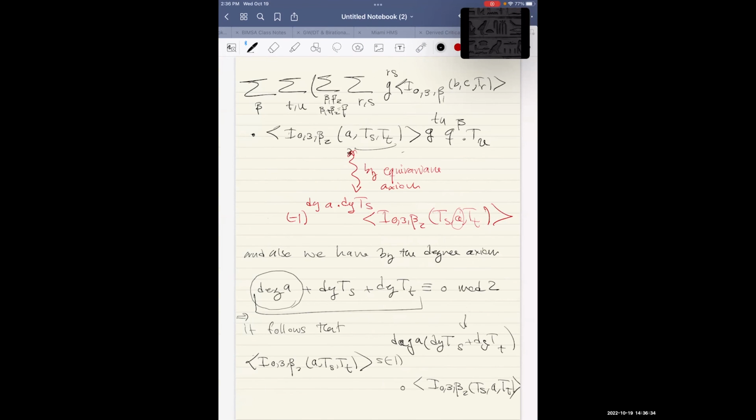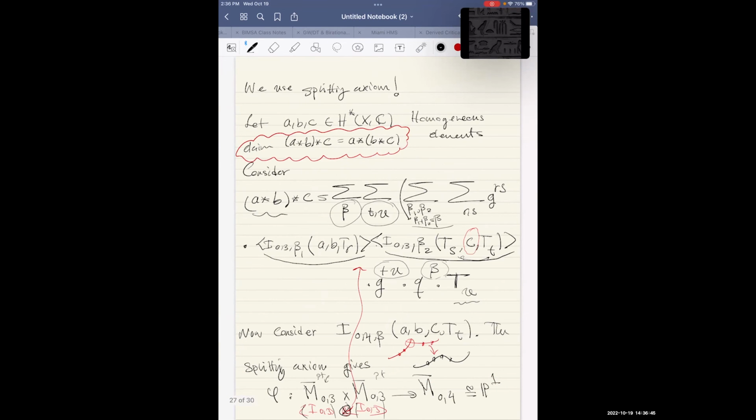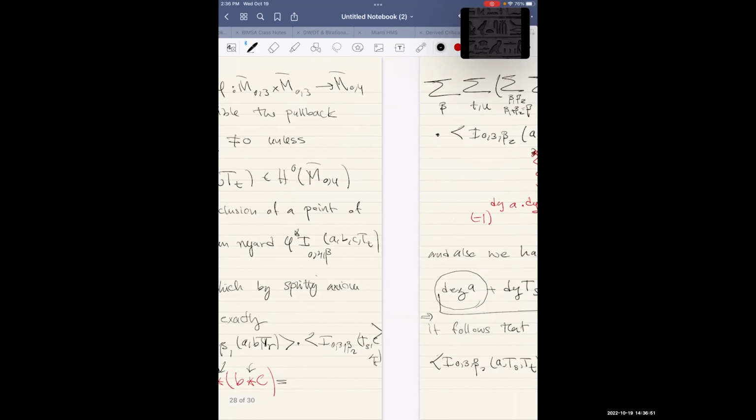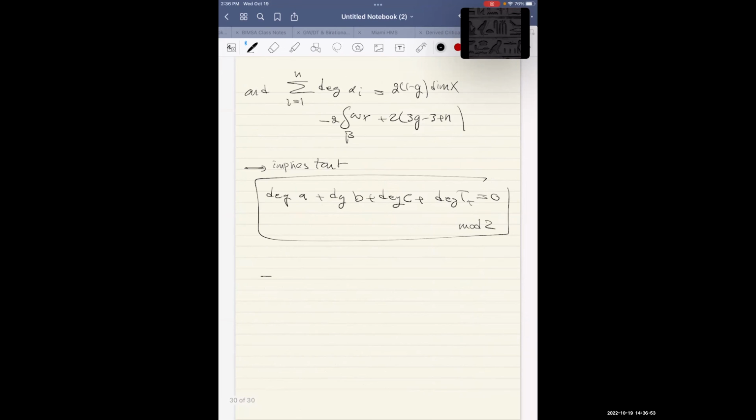Shuffling these invariants around, and the fact that the sum of degrees is going to be an even number, shows you that this product that we calculated before is going to be exactly equal to this product. Therefore, A cross B cross C is going to be the same as A star B star C.